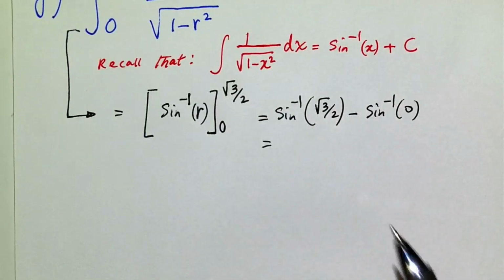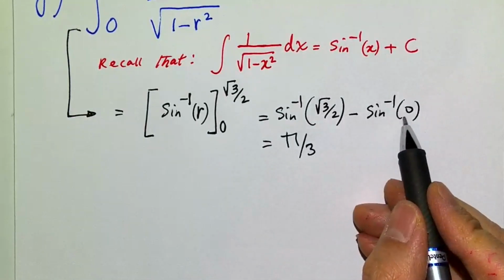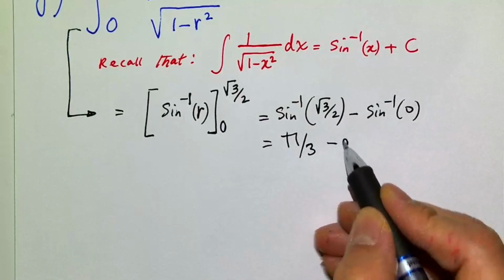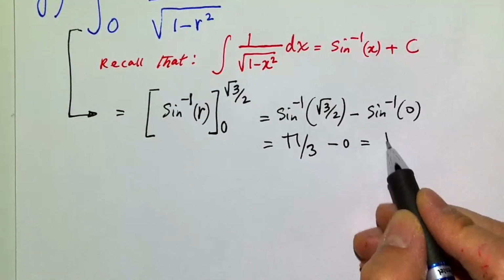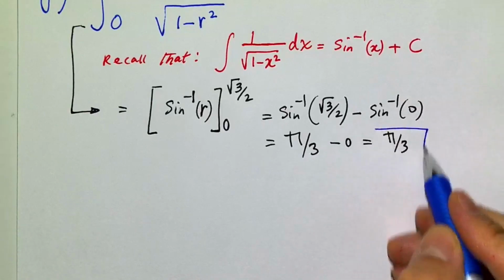So sine of what angle is square root of 3 over 2? For sure, not pi over 6, right? Sine of pi over 6 is 1 over 2. So it should be pi over 3. So this is pi over 3 minus sine of what angle is 0? 0. So we end up with pi over 3 as the final answer.